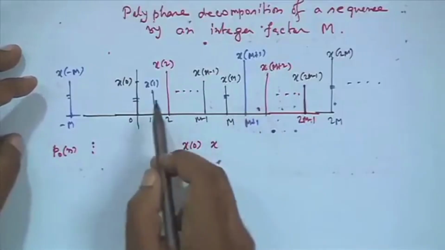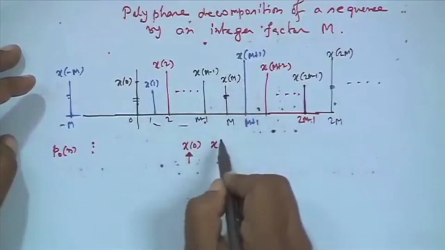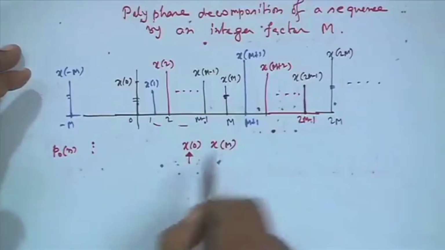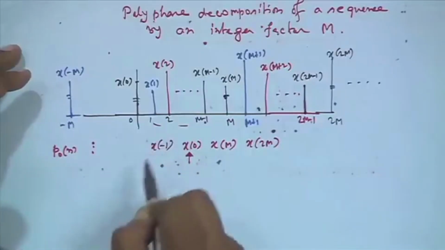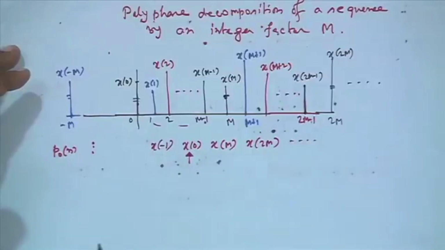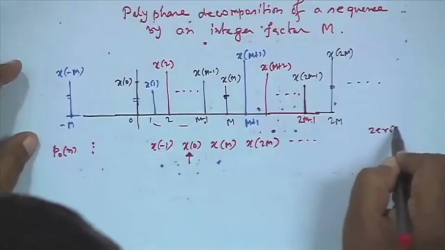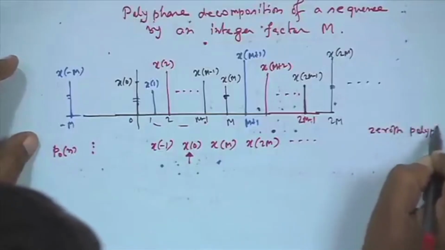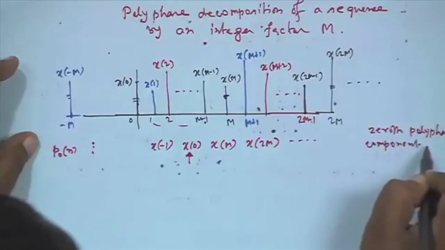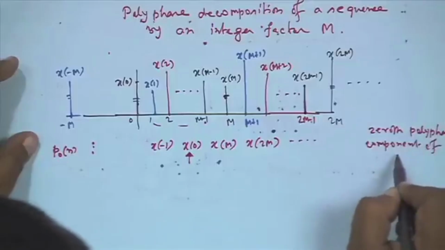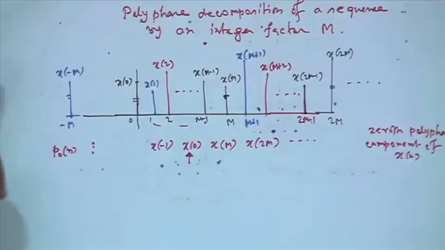Forget about the next m minus 1 samples, I take this one, then x 2m, from here it is x minus m, dot dot dot, and this is the origin. This is called P0n. P0n means the 0th polyphase component of xn.